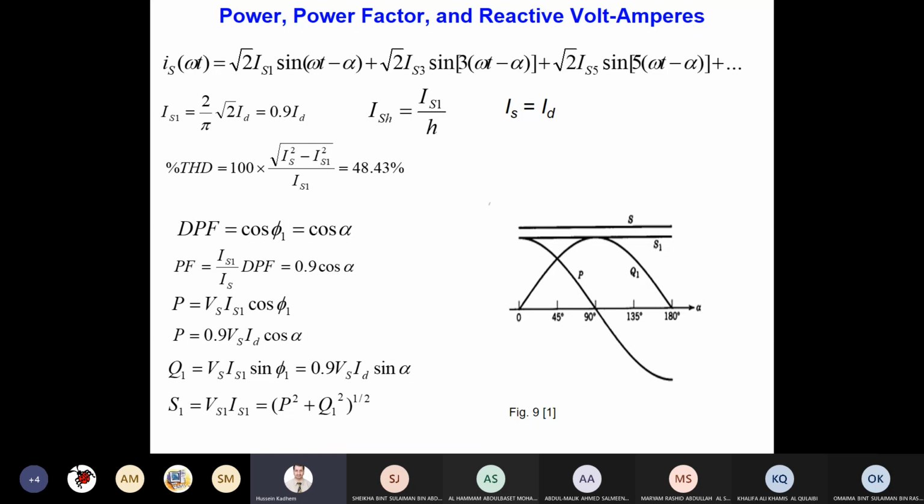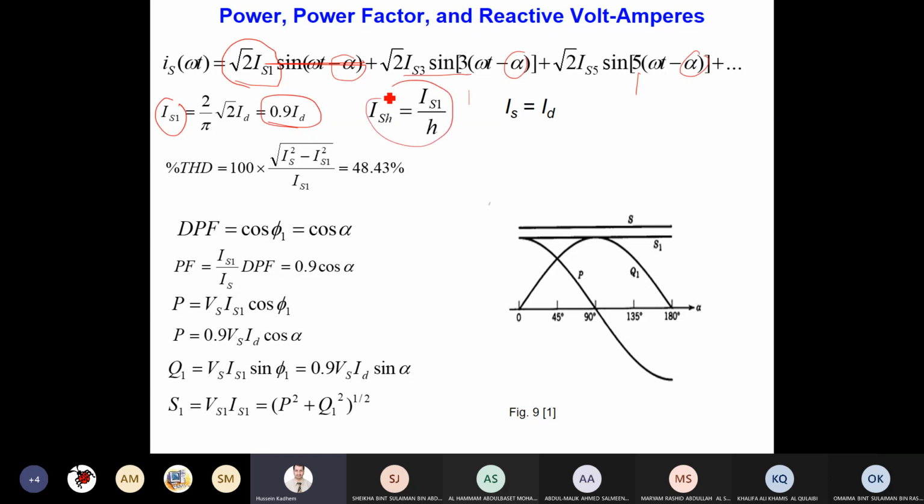The instantaneous current, similar to the diode, is square root of 2 IS1, the maximum, times sine omega t minus alpha, while in the diode there is no alpha, directly sine omega t. The same thing, but with the third, the fifth harmonics, and so on. When we use this formula to find IS fundamental, we find it is 0.9 ID, similar to the diode.